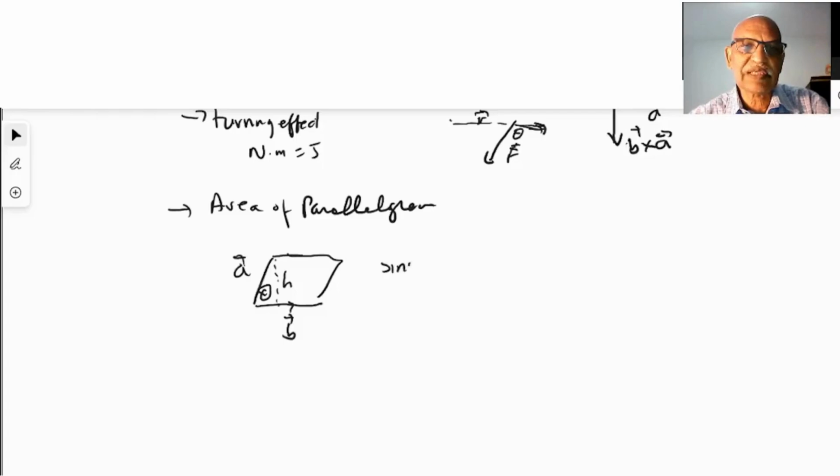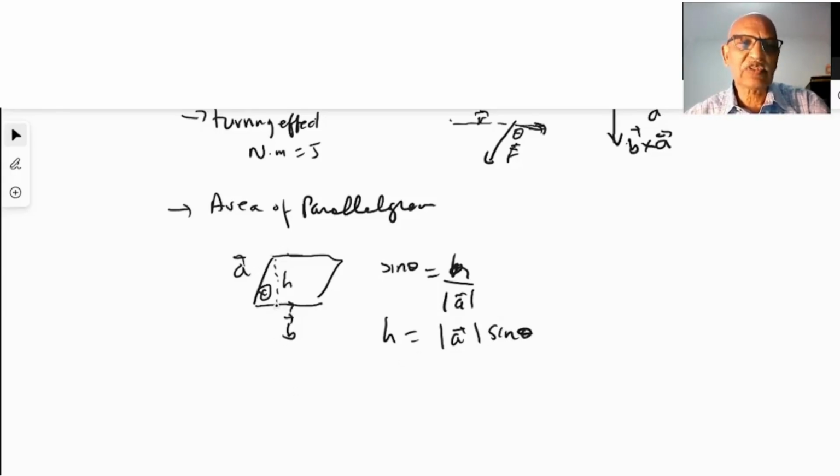Therefore, let's find first what sine theta is. Sine theta would be H over absolute value of A, which is the hypotenuse. Therefore, H is equal to absolute value of A times sine of theta.